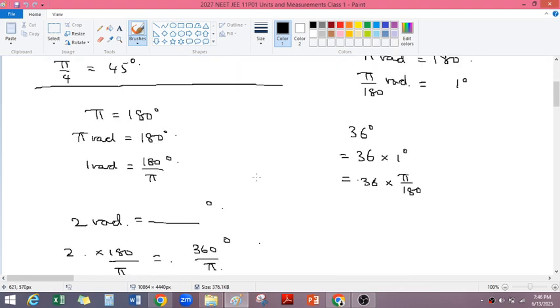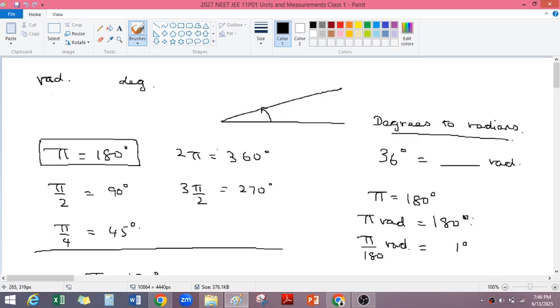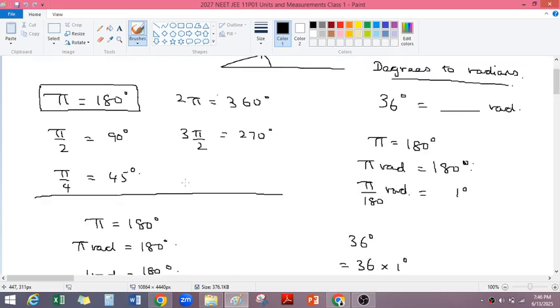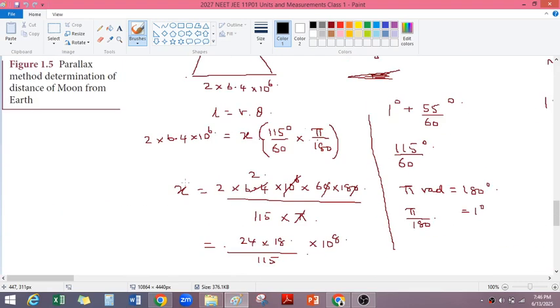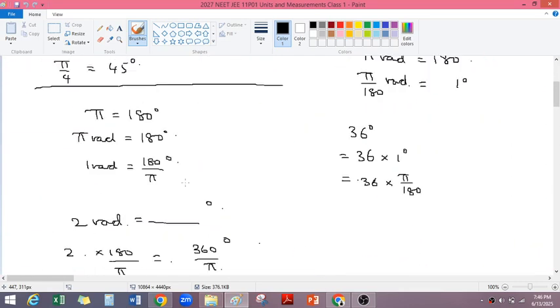So I think we talked about radians to degrees and degrees to radians conversions. We did some basic problems from your state board book.